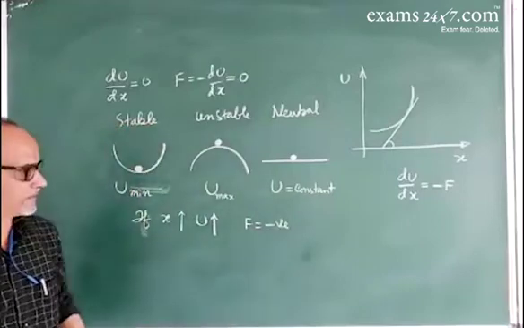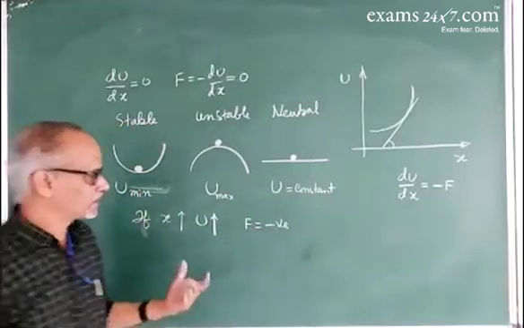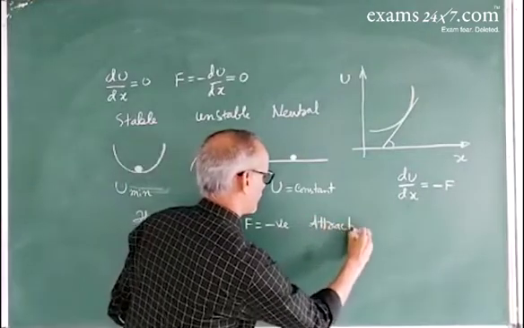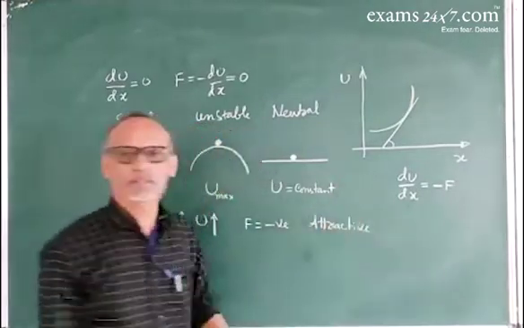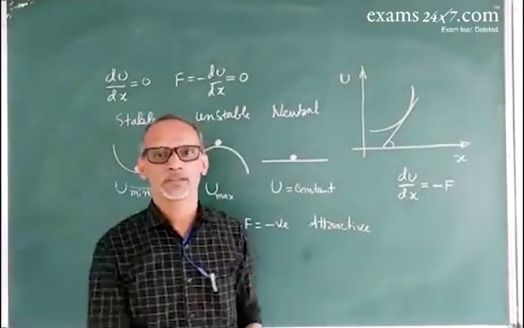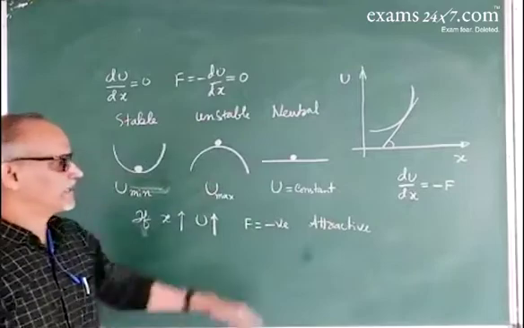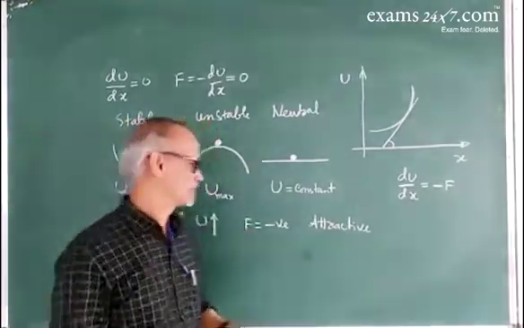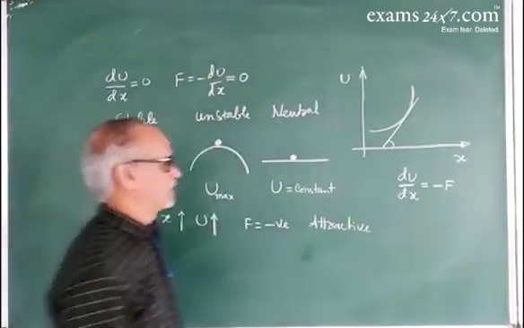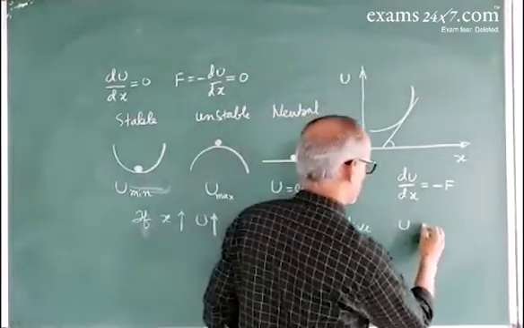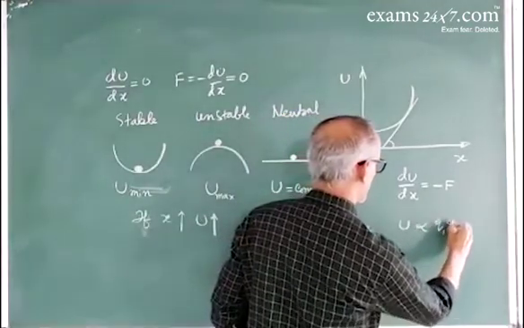And when force is negative, the nature of the force is attractive. That means the bodies tend to move towards each other. We can very easily understand this from two charges.